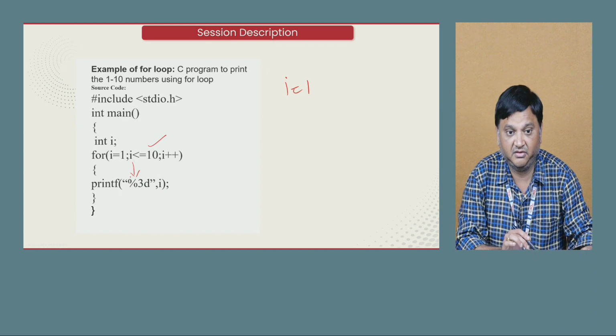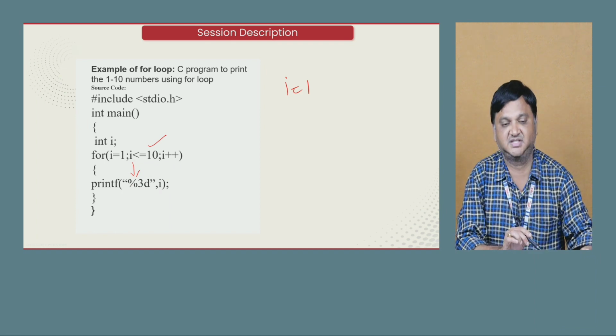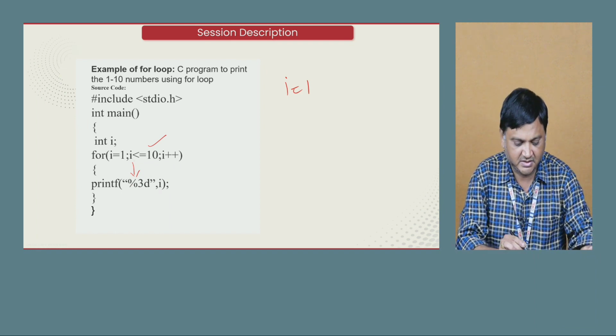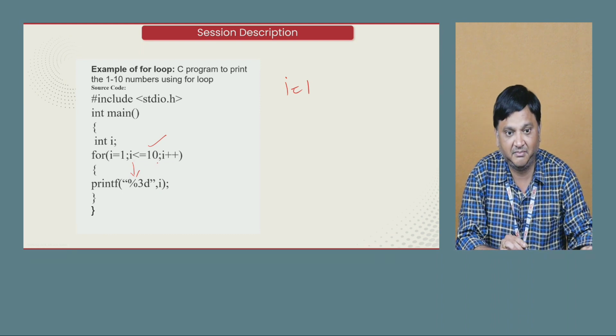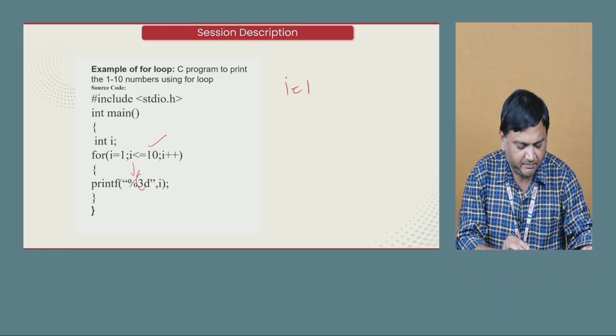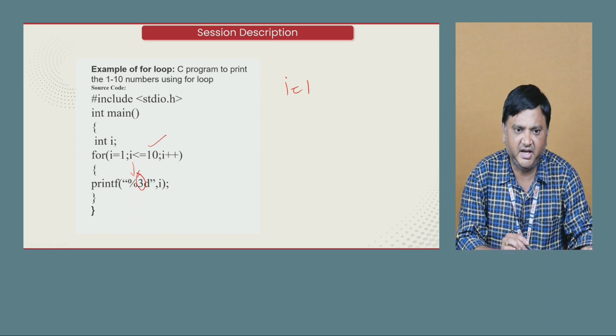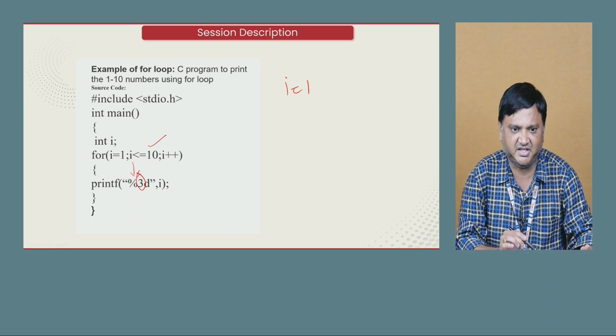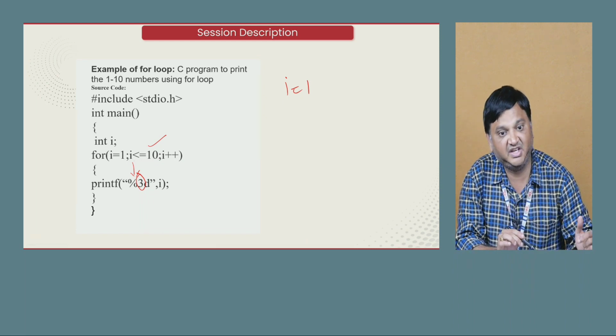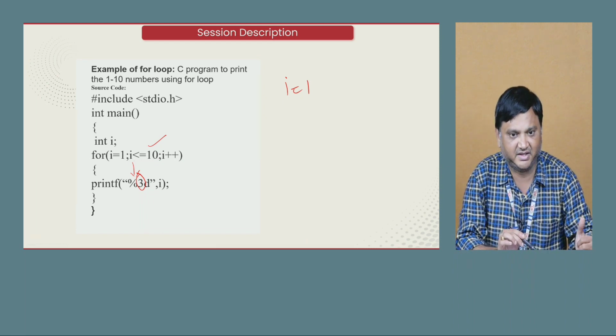My dear students, what have you observed between the previous slide and this slide? Most of the students have a doubt in mind. Sir, what is %3d? What do you mean by %3d? We know that %d prints an integer. Then what is the importance of 3 there? Why have you written 3, sir?